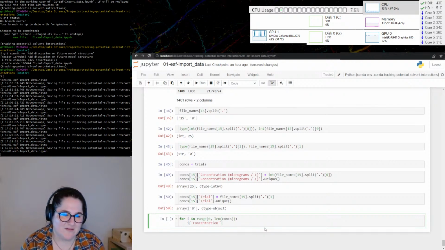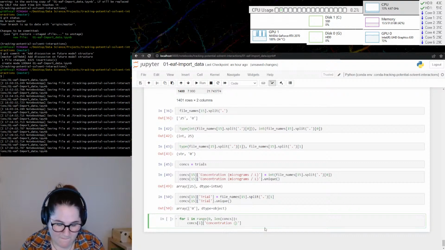The reason why I say UG, you'll see in a second, we need to do conx I concentration in micrograms per liter, and we want that to equal the int file names I dot split on the period, and we want to take the first value and set it to that integer.